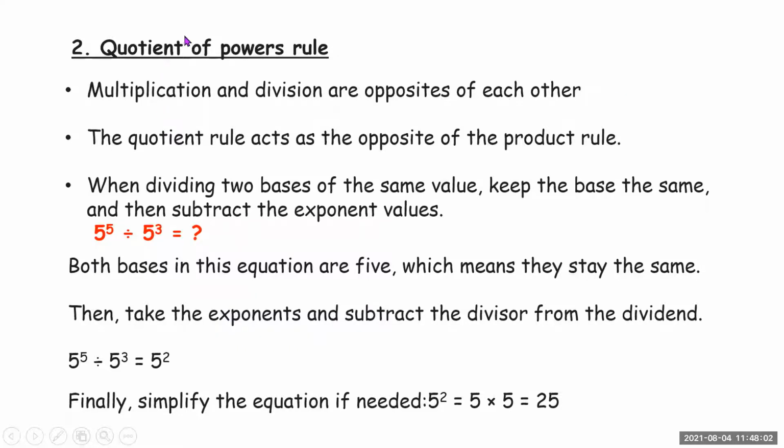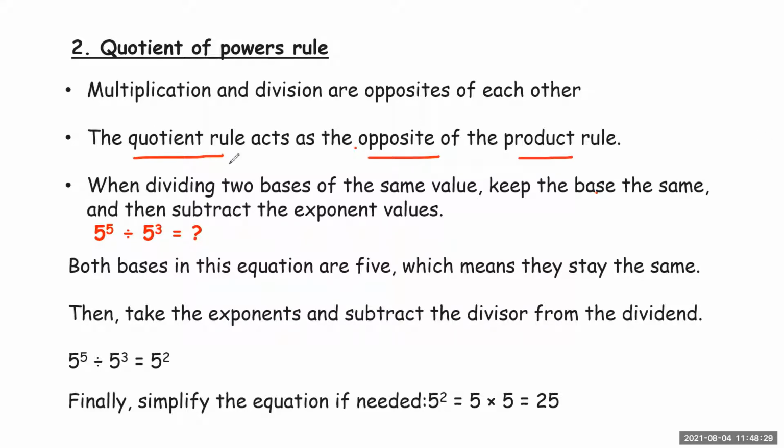So this rule will be just the opposite of the multiplication or product rule. In the product rule, we add the exponents. In the quotient rule, we subtract.